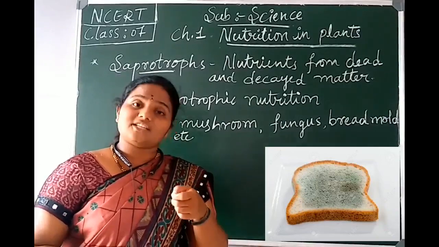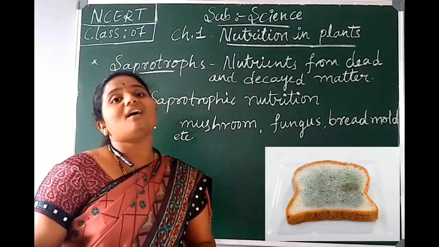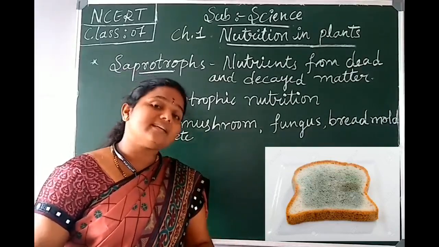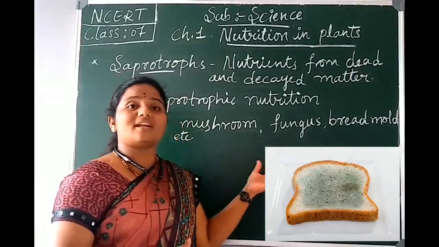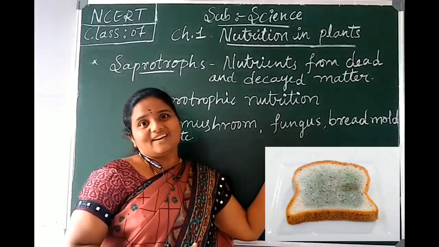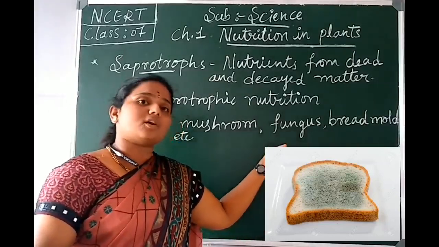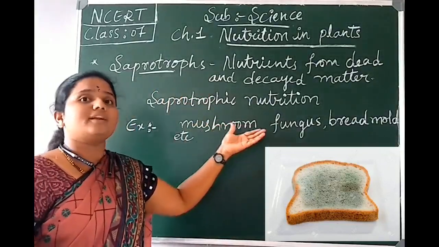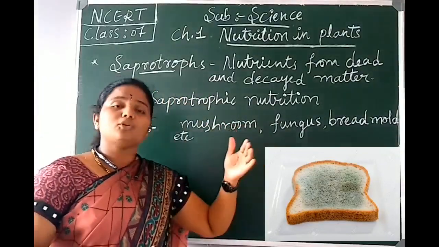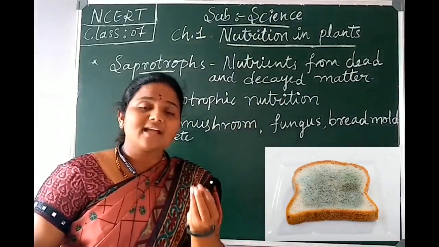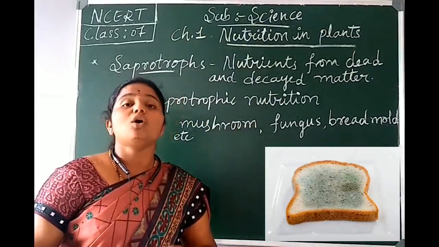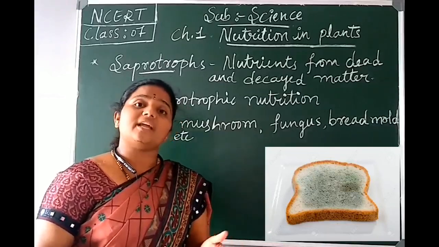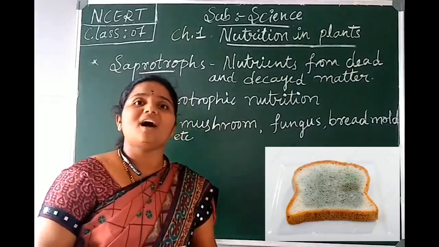Black colored patches can be observed on the bread slices. These black colored patches are nothing but fungi. These are also a kind of organisms which show saprotrophic nutrition. The black patches we find on that bread are called fungi. Here, the fungi take necessary nutrients from the bread.